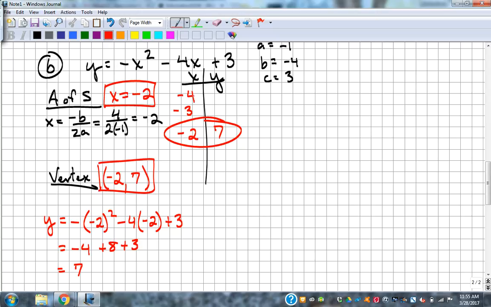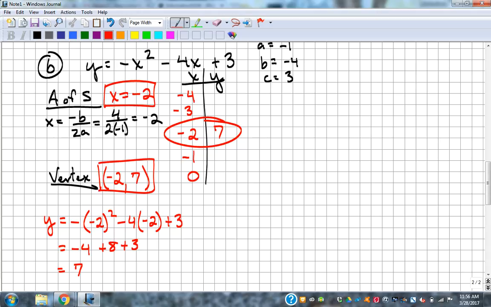To the right of -2 would be -1 and 0. So we're just going immediately to the left and immediately to the right. We're not trying to make it harder on ourselves. We definitely wouldn't pick fractions for x values here. That wouldn't make it easy on us. We're just trying to pick easy numbers, so the ones that are closest are the ones we want to use.